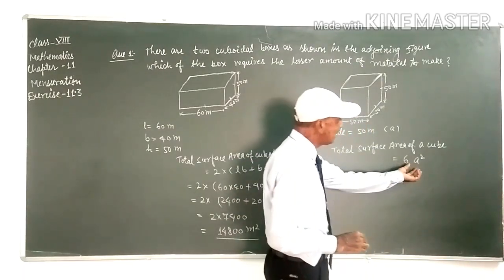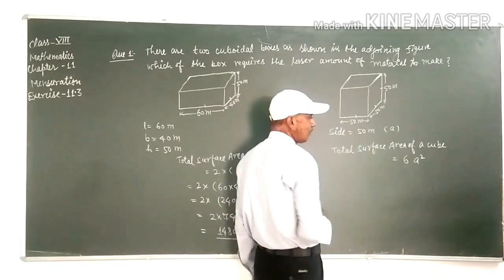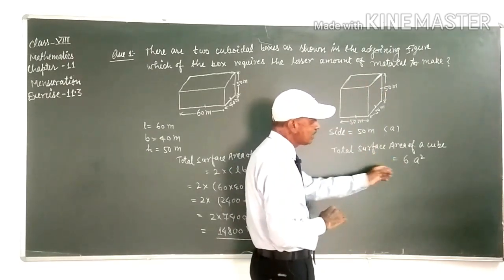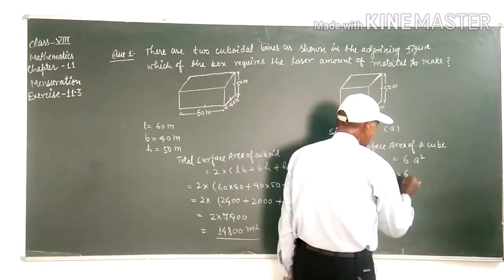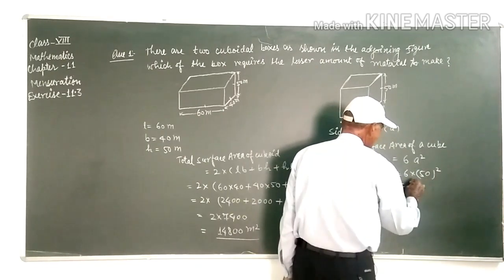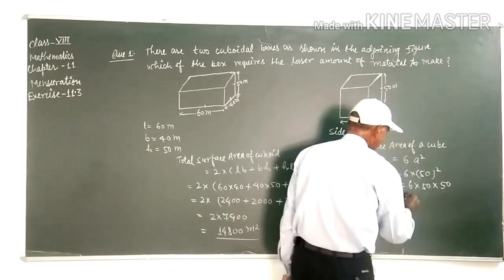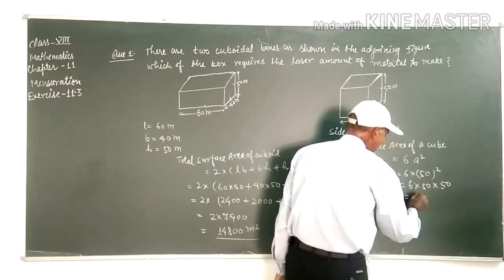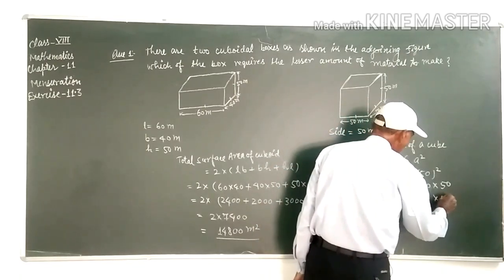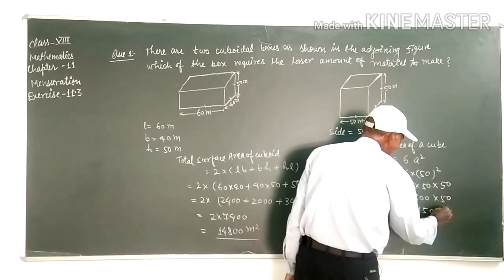A is the side of this cubical box, that is 50 meter, and there are 6 faces, student. So the formula is 6A square. It means 6 into 50 square, means 6 into 50 into 50. Now this will be 6 times 5 is 30, followed by 0 into 50, 3 times 5 is 15 followed by 3 zeros.